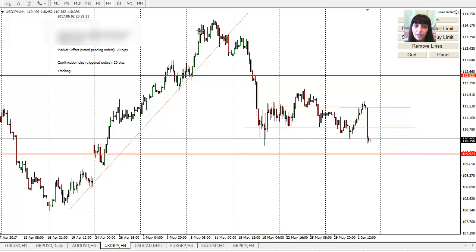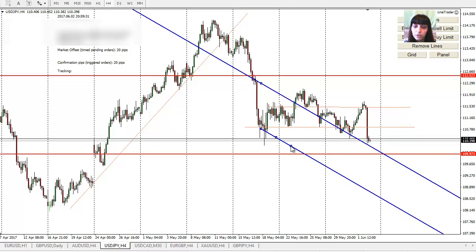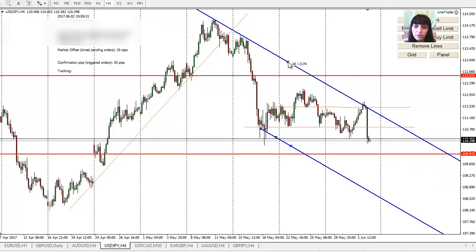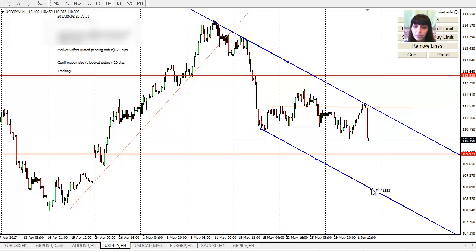We have, for example, here two tops, so I can even try to draw the channel, the downtrend, something like that. Now it's quite possible to do it. It looks quite nice.